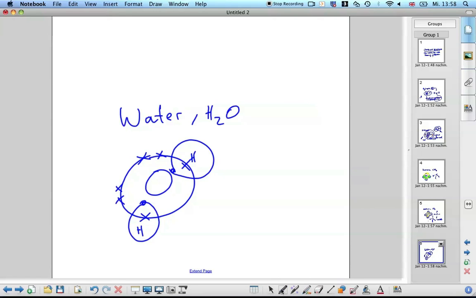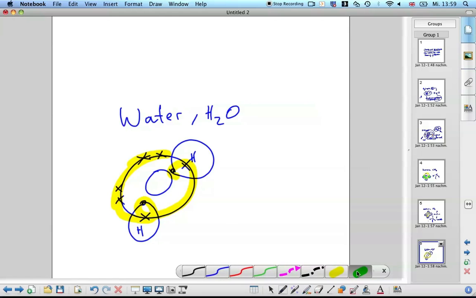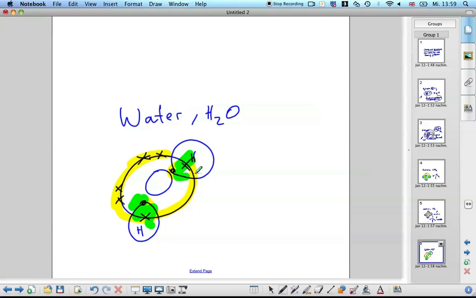Round about the oxygen, we have 2, 4, 6, and 8. And round about the hydrogen, we have 2 each time. So both of these are full, and the shape is like this. This is bent. Okay?